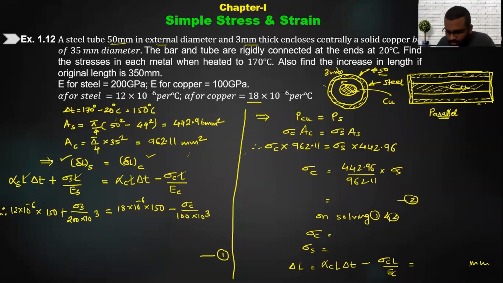So let's go with those. So as per these three people, Shashi Khatri, Arslan and Love, we have sigma C, sigma for copper as 43.144 MPa, and for steel it is 93.71 MPa. Okay, and give me the delta L value, or any one of you.